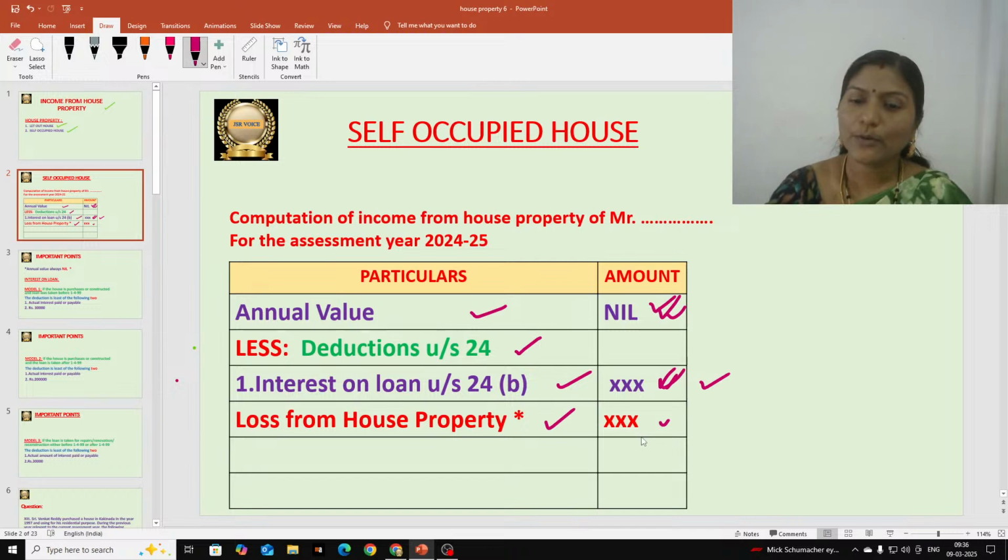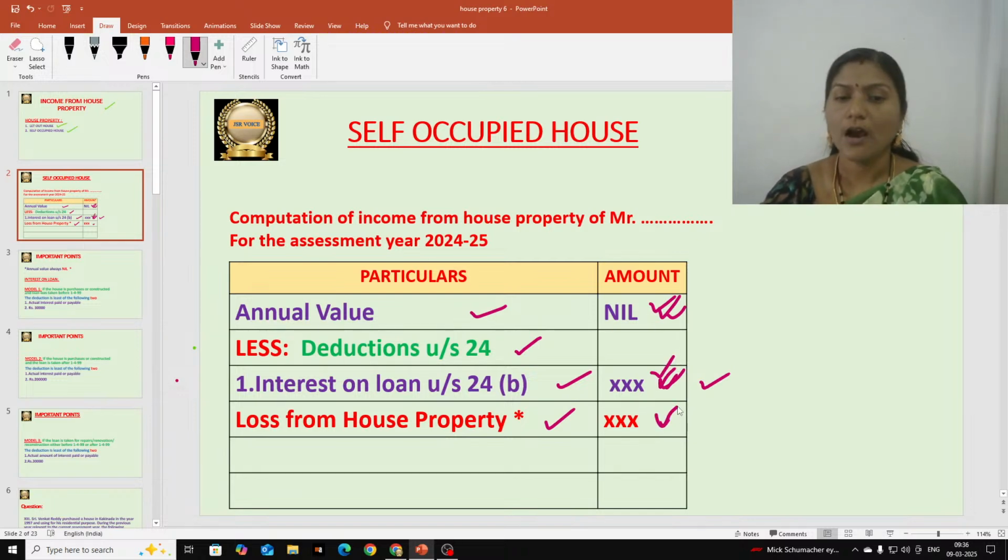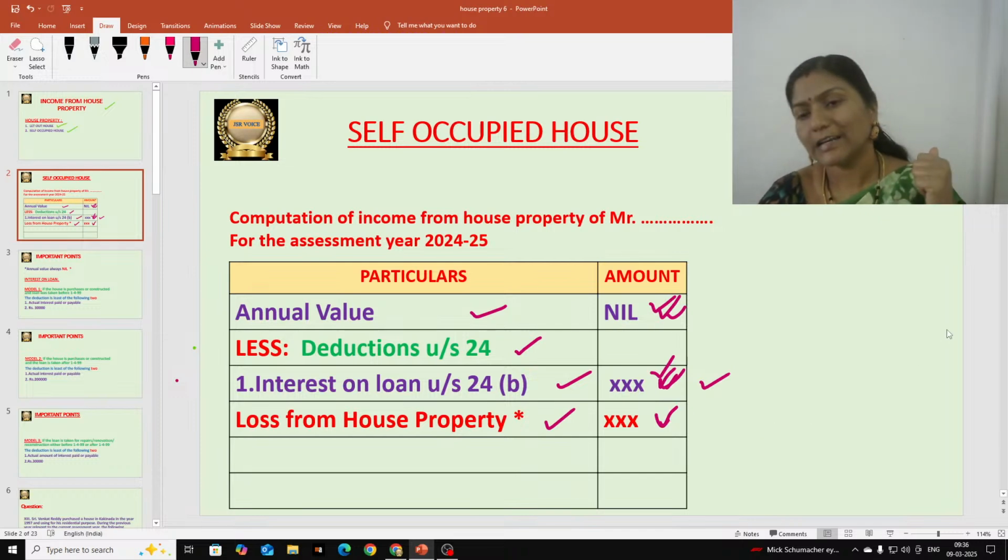So income from house property is nil in that case. Whenever you have this interest on loan amount, then definitely you are going to get loss from house property. Hope this is clear for everyone.